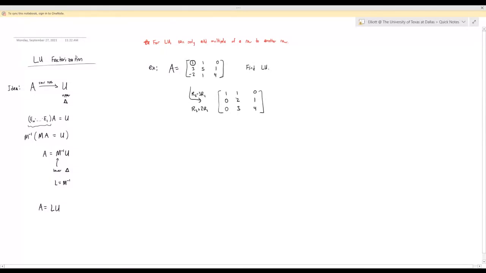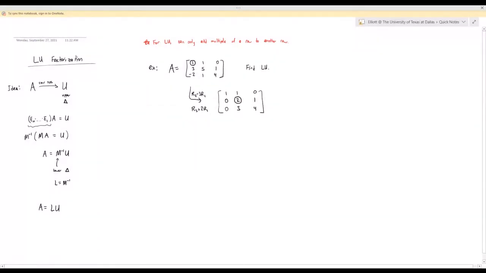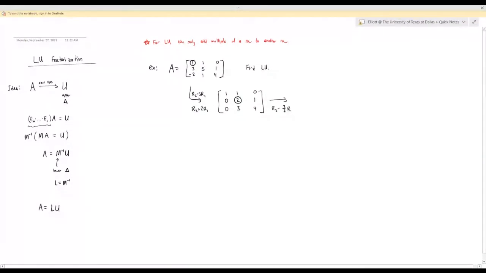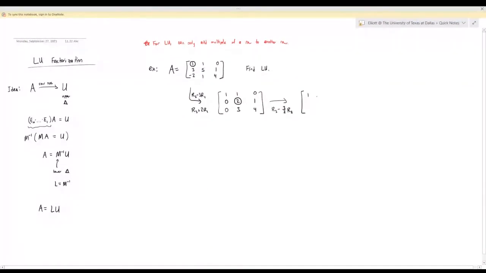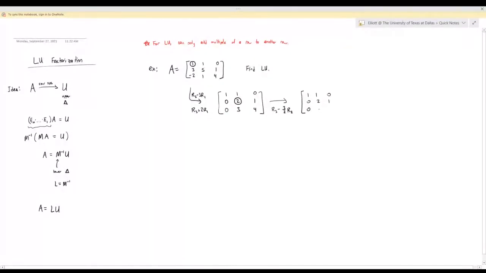So for the next one, I want to just take whatever I have next and use that as a pivot. So here I'm going to eliminate the 3 underneath, I have to do row 3 minus 3 halves of row 2, okay?